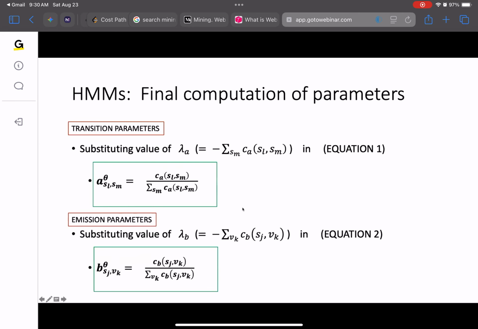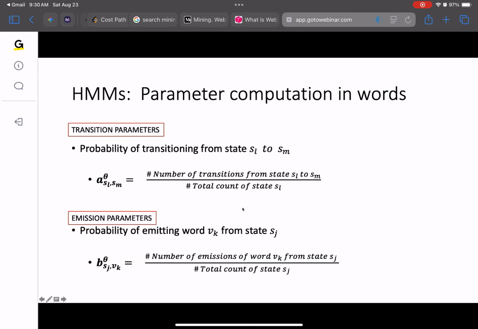Let's understand what this means in terms of words. The transition parameter A_{s_l, s_m} is the number of transitions from state s_l to s_m divided by the total number of counts of state s_l.